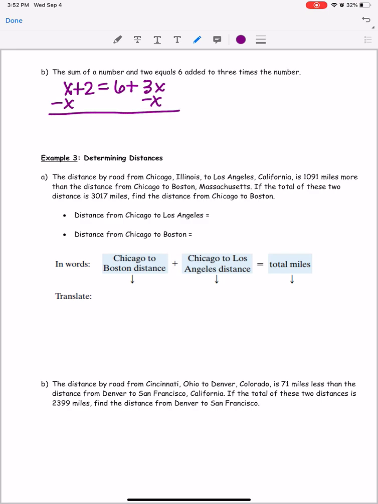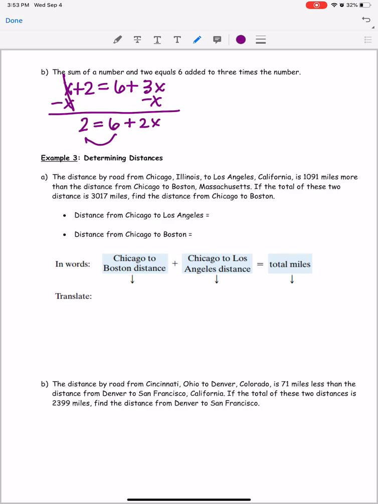So x minus x cancel. I'm just left with a 2. We can bring down our 6, and 3x minus x is a positive 2x. So now that I have my variable over here, I need my number, my constant, on the left.